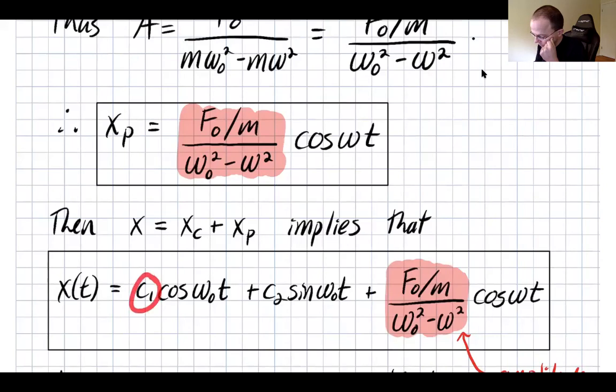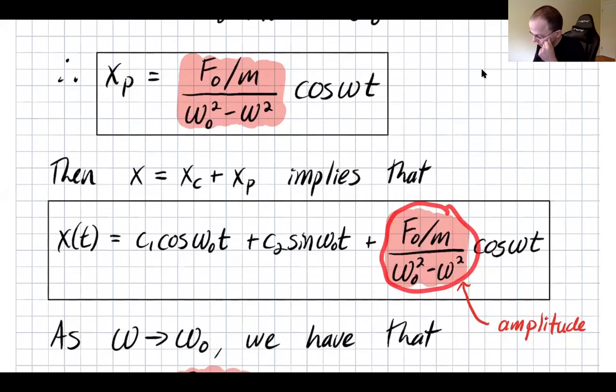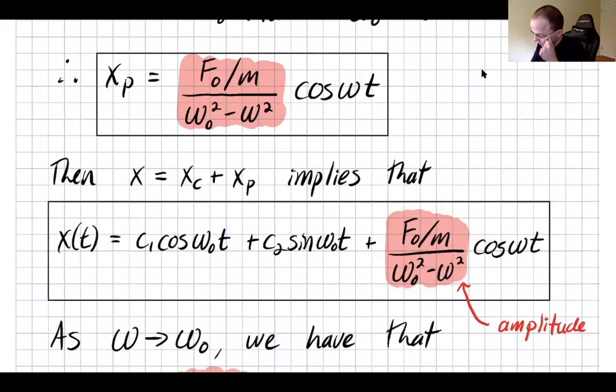And of course, the C1 and the C2 depend on the initial conditions. But what's very interesting here is we have some kind of motion that depends on this external force. So the frequency is omega, and this is the amplitude of this vibration.